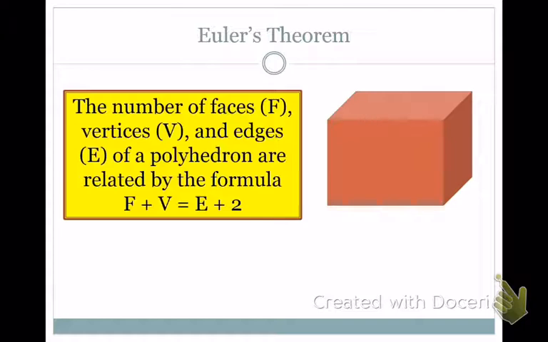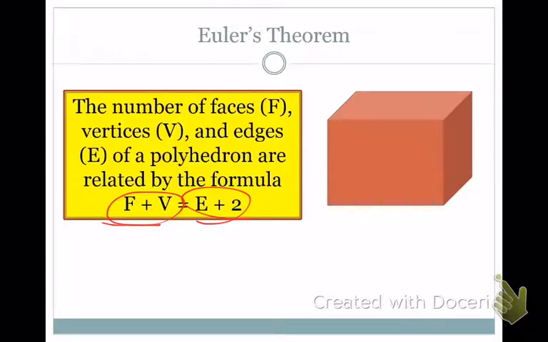Euler, who apparently sometimes had too much time on his hands, realized that in a solid, in a prism or a pyramid, the number of faces, vertices, and edges were related. And what we've just seen is the pattern that he found, which was, if you add the faces and vertices together, they're going to be equal to 2 more than the number of edges. Always. Always, always, always. Right?